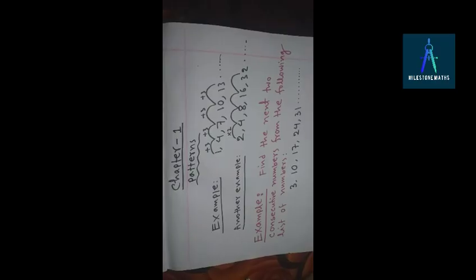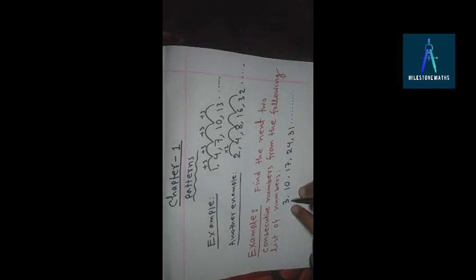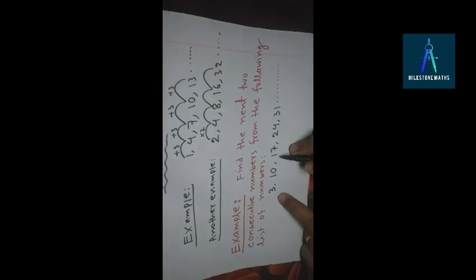Dear student, now I will show you how to find the next number from a number pattern. You can see an example. Find the next two consecutive numbers from the following list of numbers. Here the first numbers are 3, 10, then 17, 24, 31, etc. How will I find the next number?